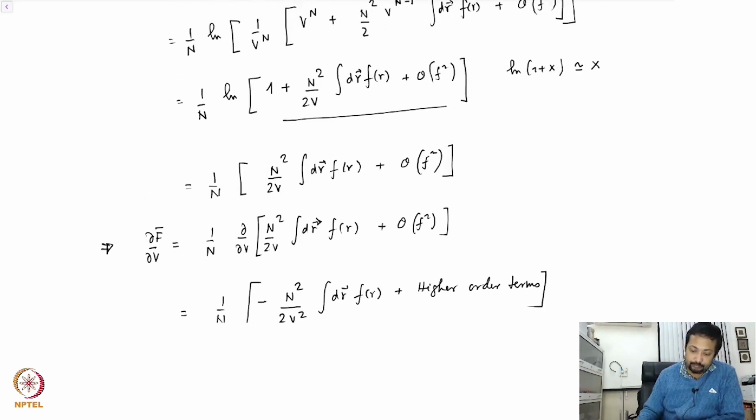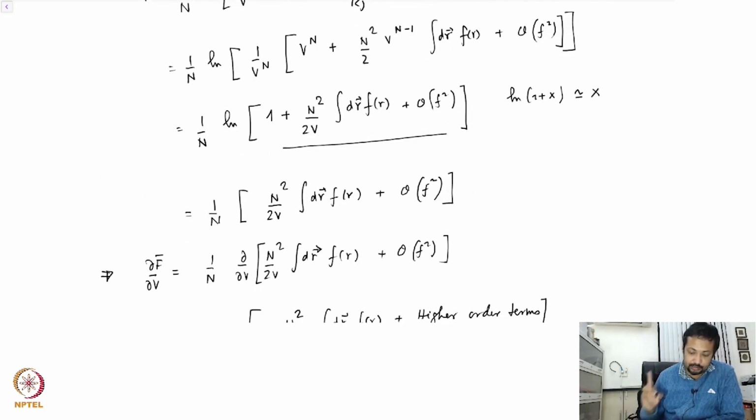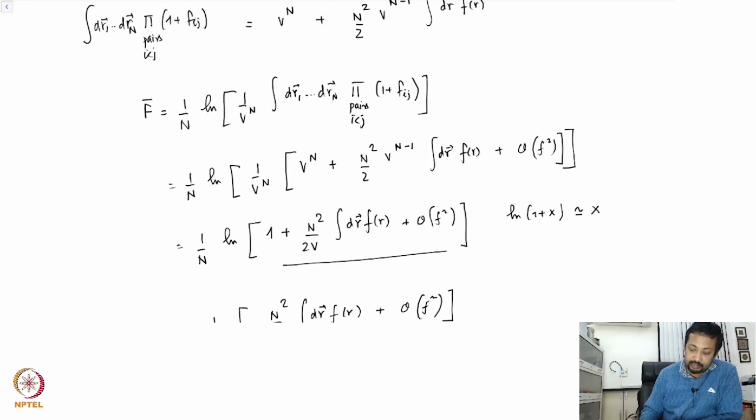Now, before we do that, let us be a little bit more careful. What we have done here is essentially taken order f squared. But in reality, this is not the case. What one has to look at is, if I keep the term Fij, the next order Fjk, which means that you are not only choosing pairs but i, j, and j and k, and i and k.